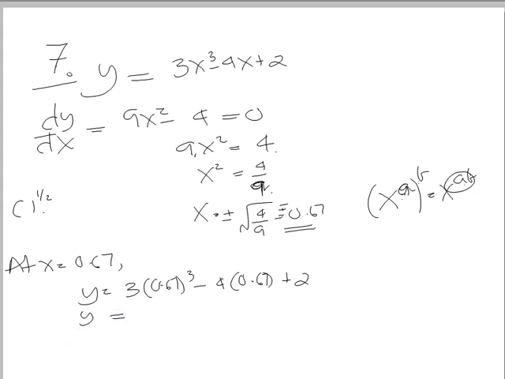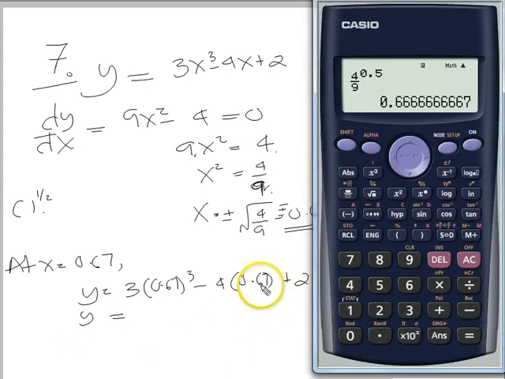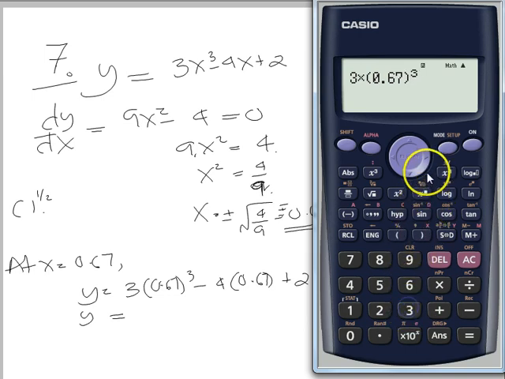What do we get? Let's do that then. Run through that. 3 times bracket 0.67 bracket power cube back to ground, minus 4 times just 0.67 on its own, isn't it? So that's okay like that. Plus 2. 0.22.